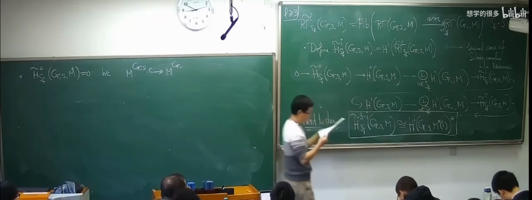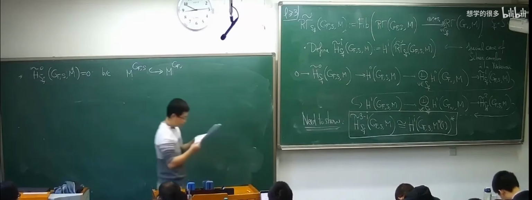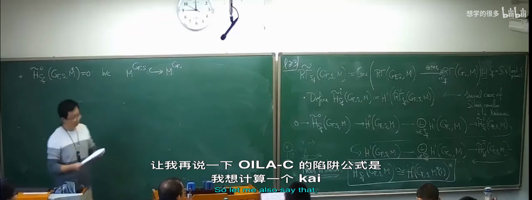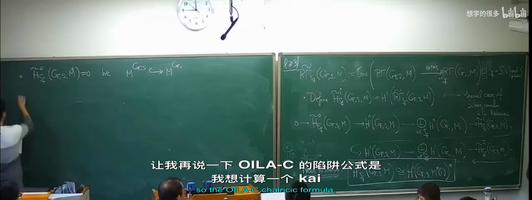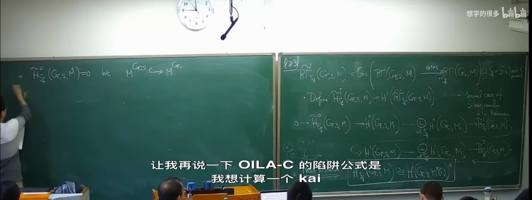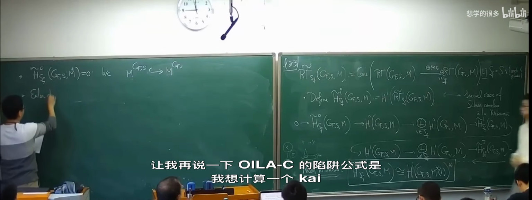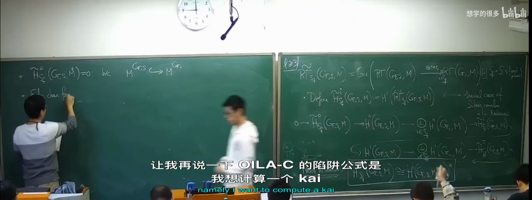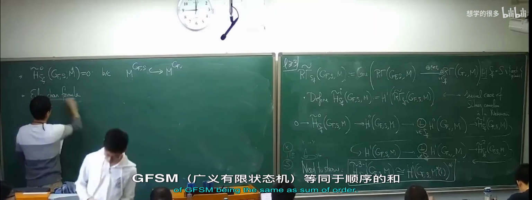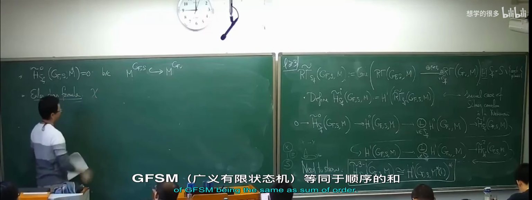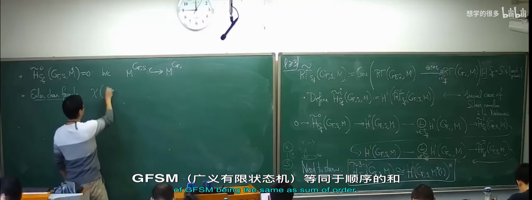Let's continue. Let me also say that, so the Euler characteristic formula, namely, I want to compute chi of GFS M being the same as the sum of all the.